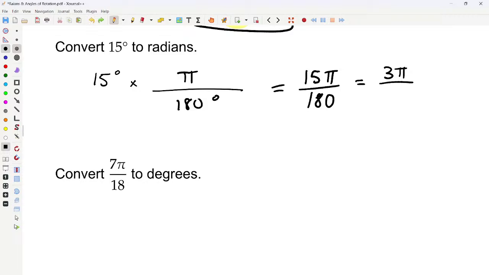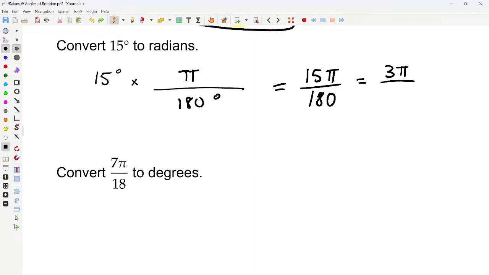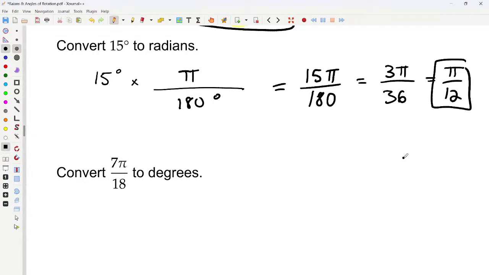I'm dividing by 5, my bad. 20 and 10 and 3. That doesn't seem right. Why can't I do 180 divided by 5? 20, 10, 30, 36? Ah, there we go. Pi over 12. 15 degrees is pi over 12 radians.